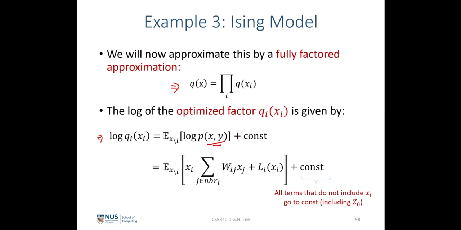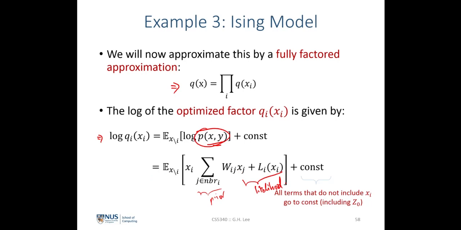By substituting this from our graphical model that we have seen earlier, which consists of the prior term as well as this likelihood term, we end up with this particular expression.